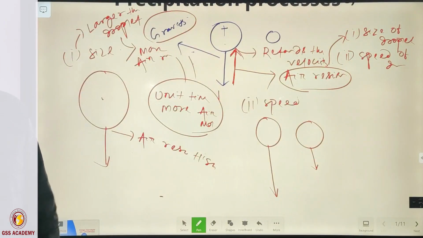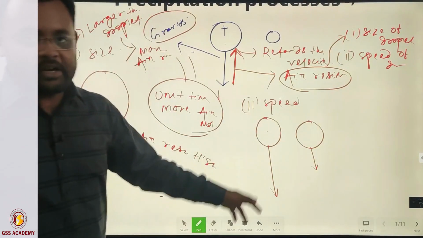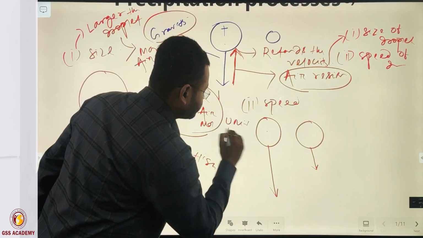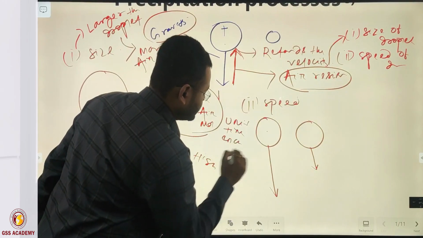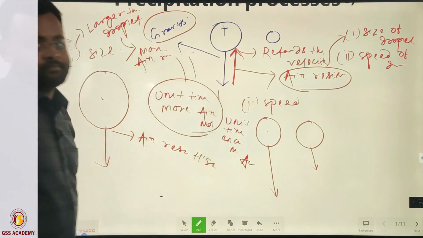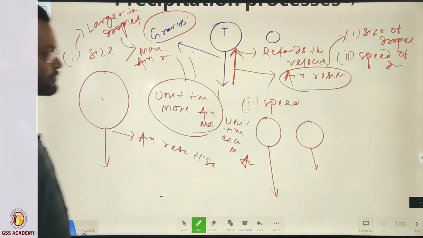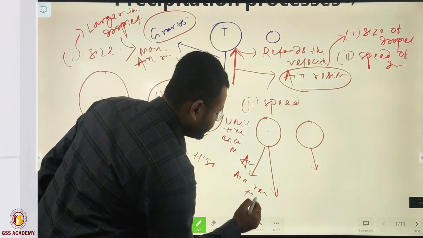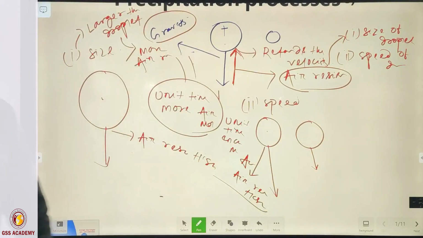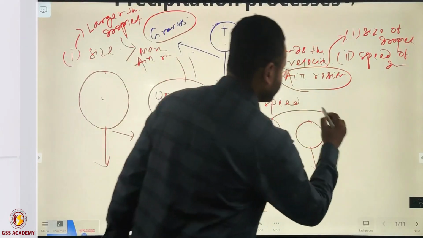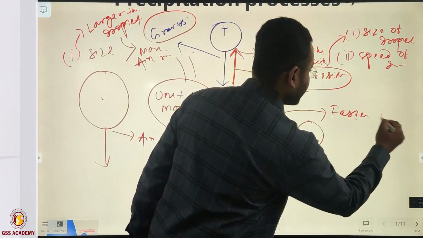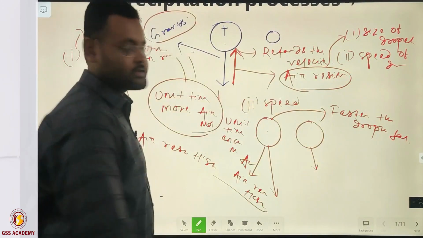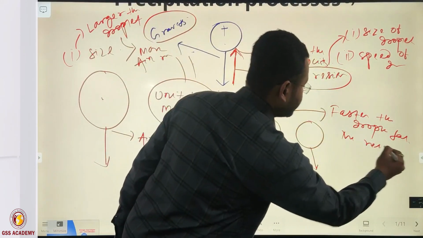Now the droplet which is falling at a relatively high speed will again, in unit time, encounter more air molecules, therefore the air resistance will be relatively higher. Therefore, the faster the droplet falls, the more will be the air resistance.